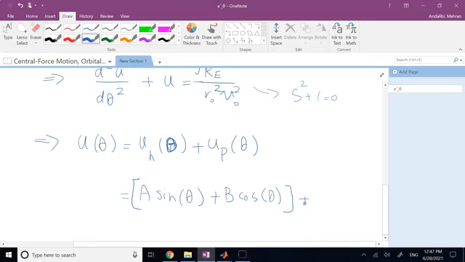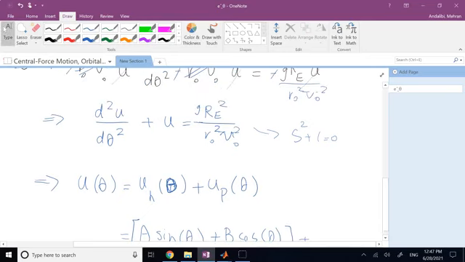And your particular solution depends on the form of the right-hand side. Now the right-hand side is just a constant number, which counts as a polynomial of order 0. So the particular solution has to be also a polynomial with the same order, unless one of the roots of the characteristic is equal to 0, which we don't have here.